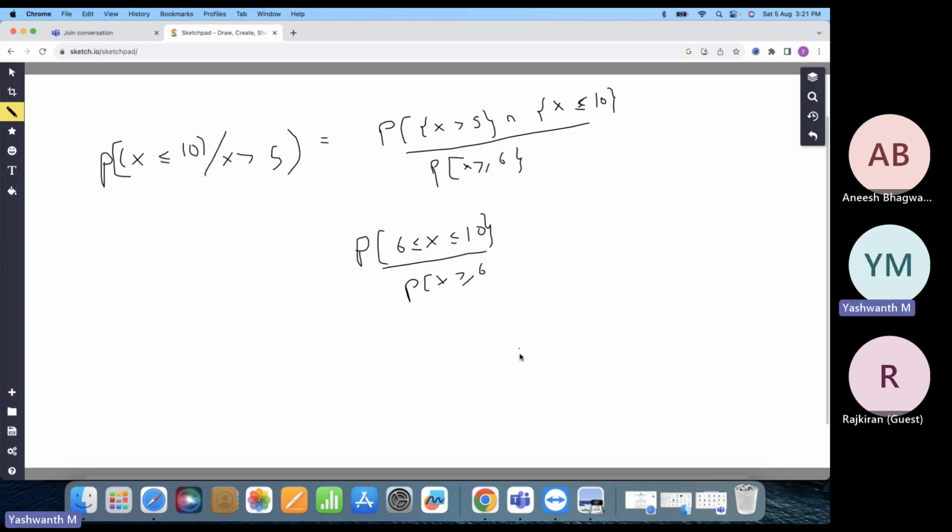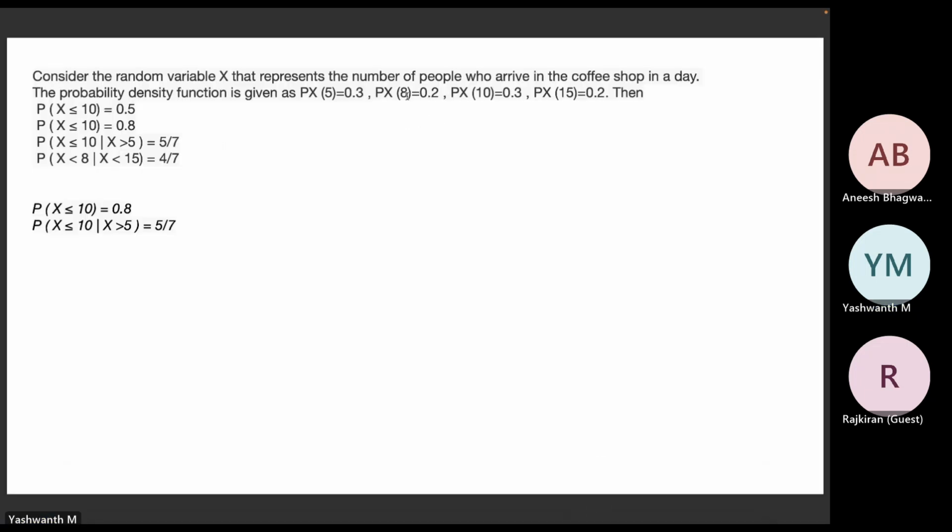So basically, from 6 you have to count the probabilities. 6 you don't have, so you count 0.2 and 0.3, between 6 and 10, that is 0.5. And for X greater than or equal to 6 you have to count all, so 0.7. So it is 0.5 by 0.7. I hope that's clear.